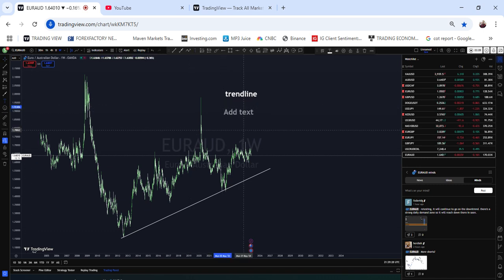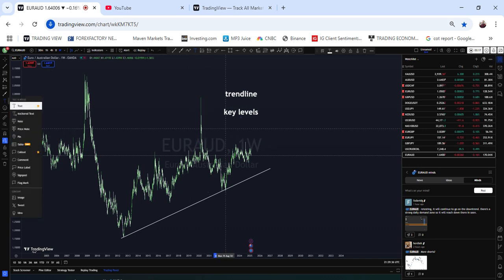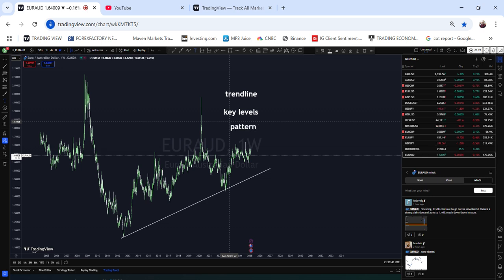Second one, key levels. The third one is known as pattern. And then another one, which is also candlesticks.